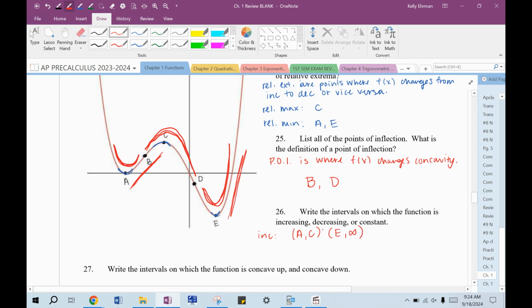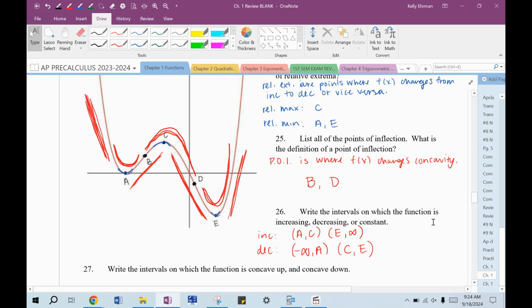Remember to always use parentheses. You won't use square brackets for anything except for domain and range. Where is the graph decreasing? It's decreasing on the far left and then here in the middle. So it's decreasing from negative infinity to A and also from C to E.